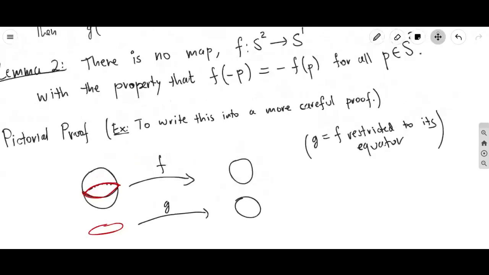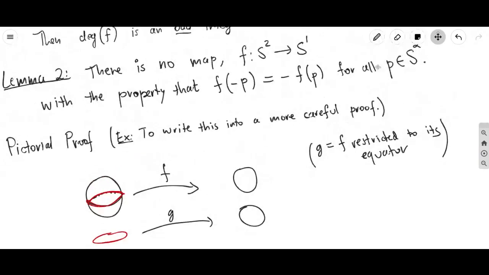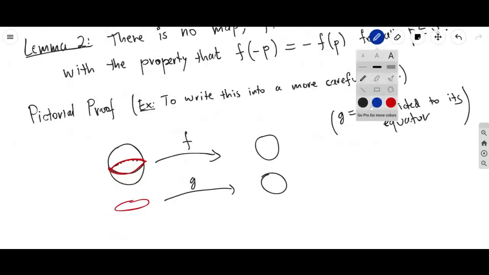Now, what property are we assuming? We want to show there is no such map. So this is a proof by contradiction. You assume you have such a map, and you get a contradiction out of it. So let's say we have a map. This map has the property that if you take the negative of the point, it's the negative of the image point. So let's say we pick a point on the equator. If this is p, the point over there is negative p.